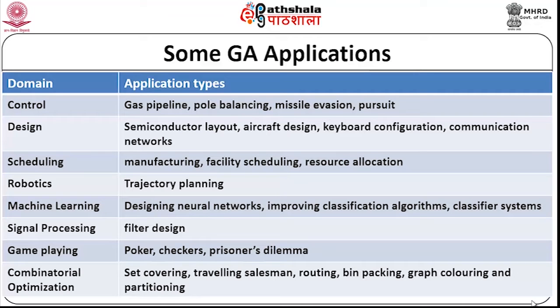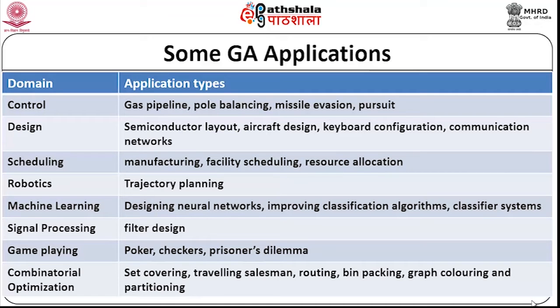And then you have trajectory planning; planning is another operation that we do. Then you have machine learning applications like optimization, improving the algorithms and so on. You also have other applications like filter design in signal processing, which is again a design problem. And then you have classifier problems, prisoner's dilemma in game playing, and other problems like traveling salesman, graph coloring and partitioning problems.